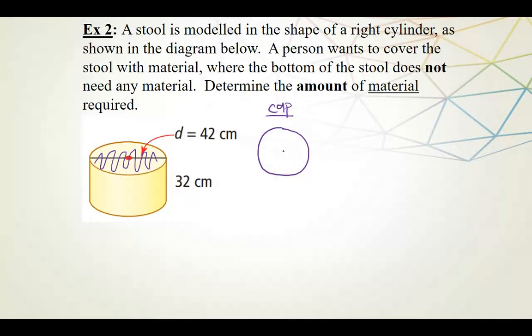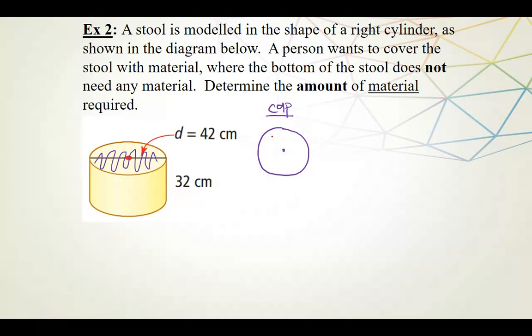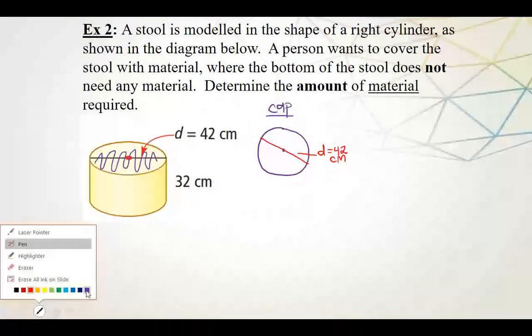Now, this time around, what it's showing is the distance from one side to the other, passing through the center. That's the diameter of the circle. So it's going to be a bit different in how we have to solve the problem. This is your diameter, which is equal to 42 centimeters.